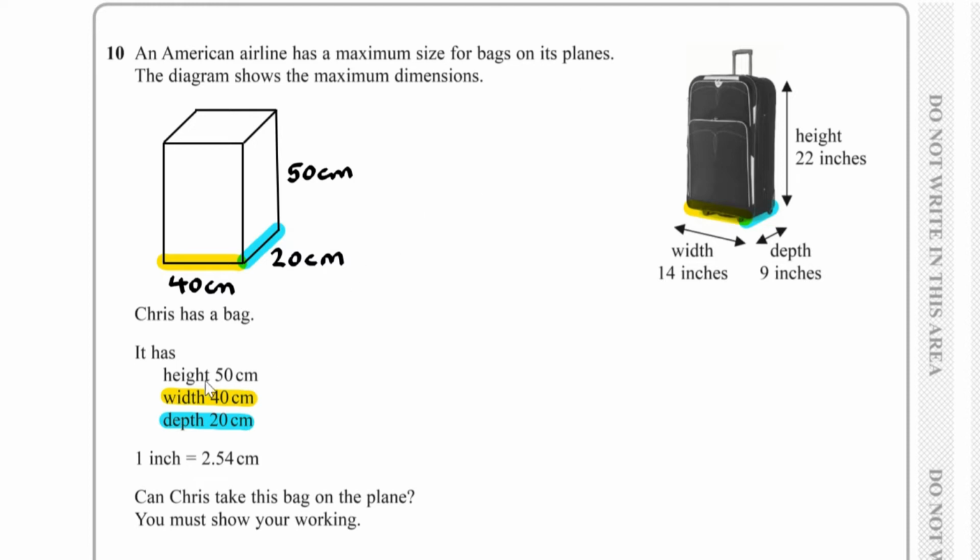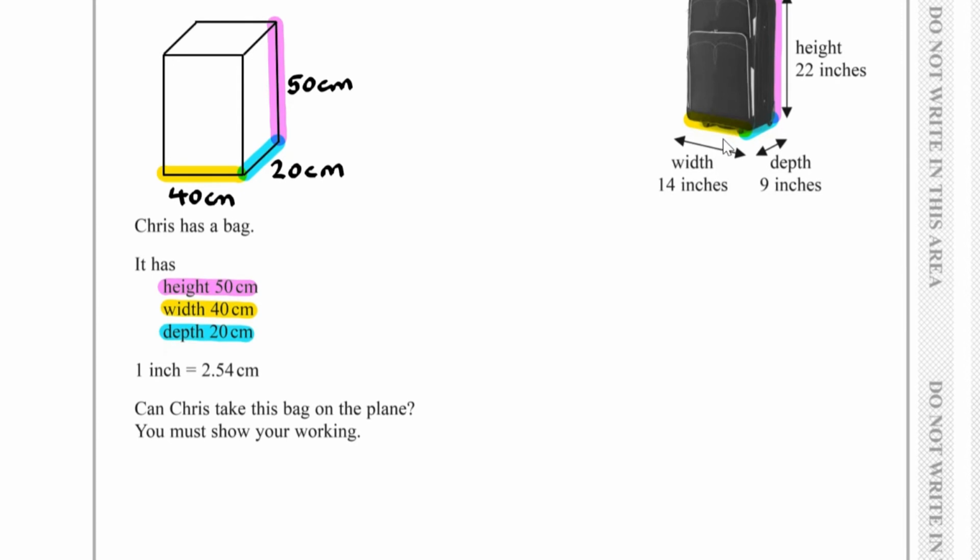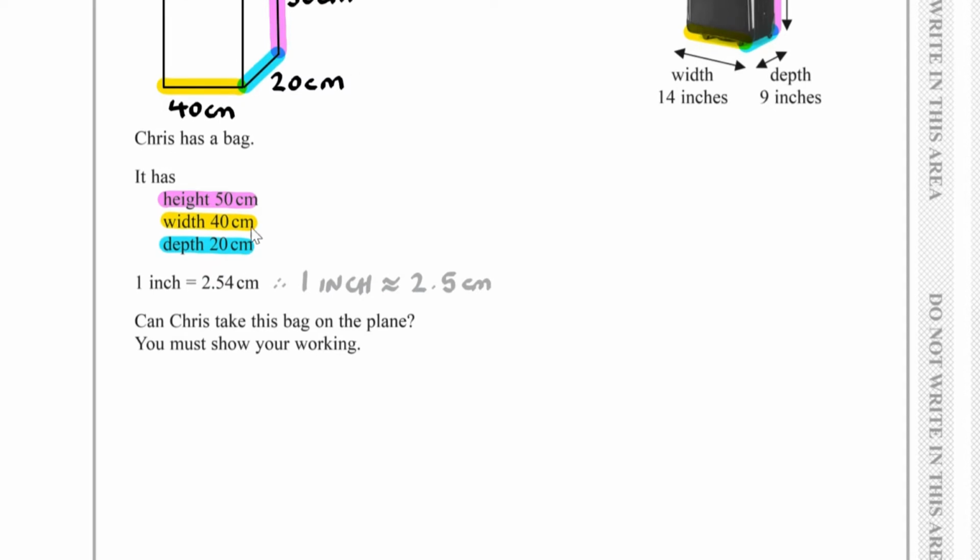And then we've got the height being 50 centimeters, as we see here. So what we need to do is find out if this fits in this guideline. And we are given that 1 inch is equal to 2.54 centimeters. Well, we can approximate this as 1 inch is approximately 2.5 centimeters.